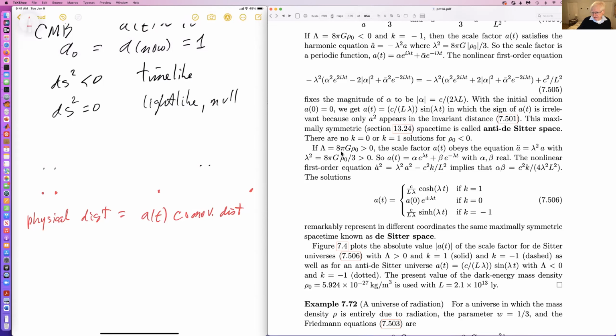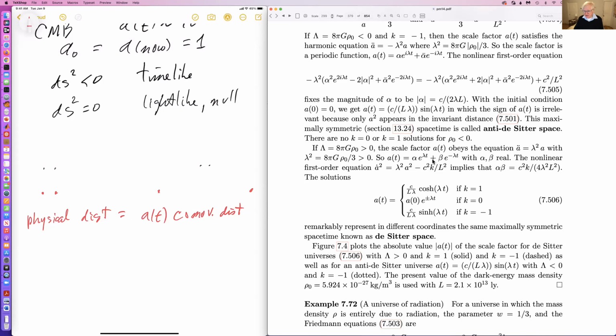On the other hand, if we take the case that seems to be true, we have lambda, Newton's constant obviously, is positive. The energy density experimentally is positive. Now the scale factor obeys a double dot is lambda squared a, and obviously lambda squared is positive.